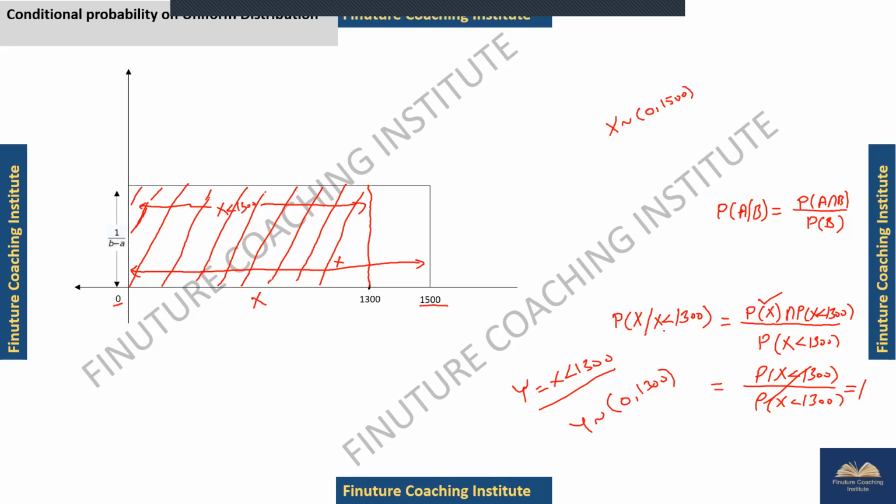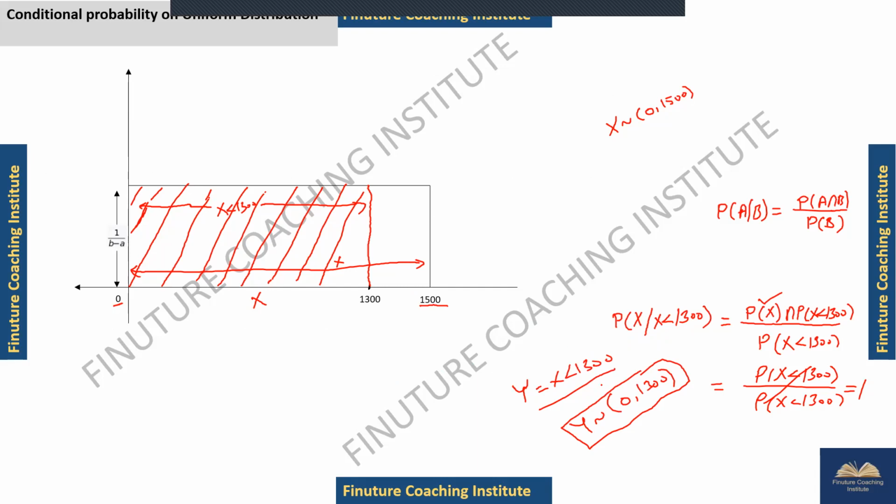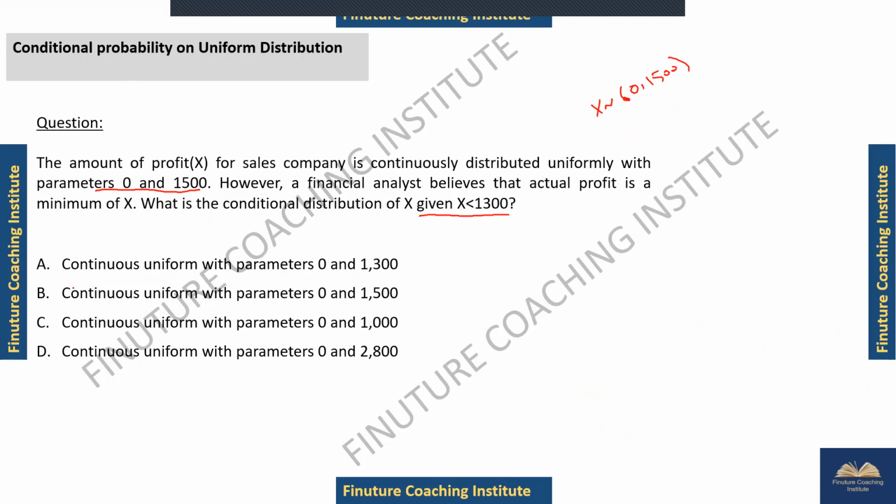If we tag the outcome of this conditional event as a separate variable, then that variable will have these a and b, 0 and 1300. That's what we had to find. Of course, this would also be continuously distributed. So the option for this particular Y is similar to A, and the correct option for this question is A.